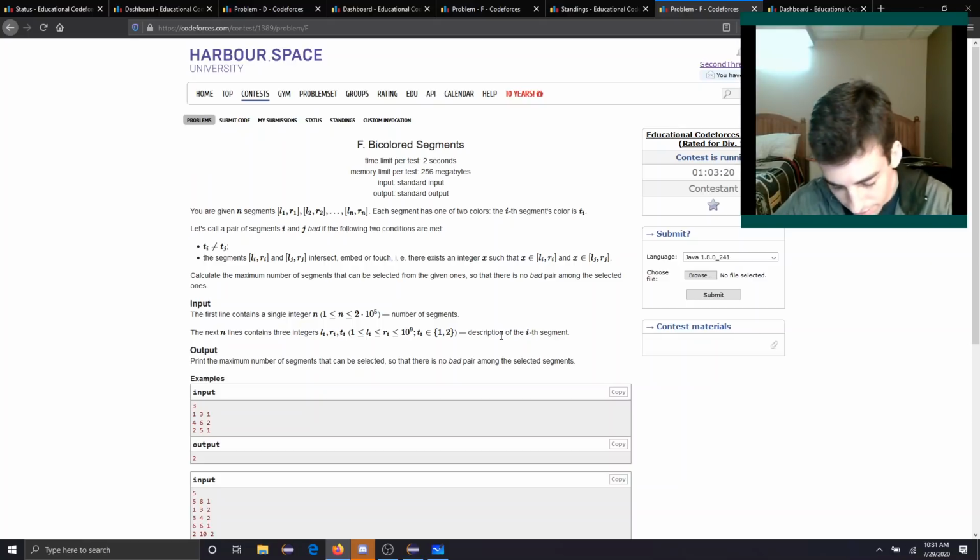If we want the maximum matching in a bipartite graph, because we have a bipartite graph, right? We've got segments of one color, segments of the other color. We want the maximum matching.